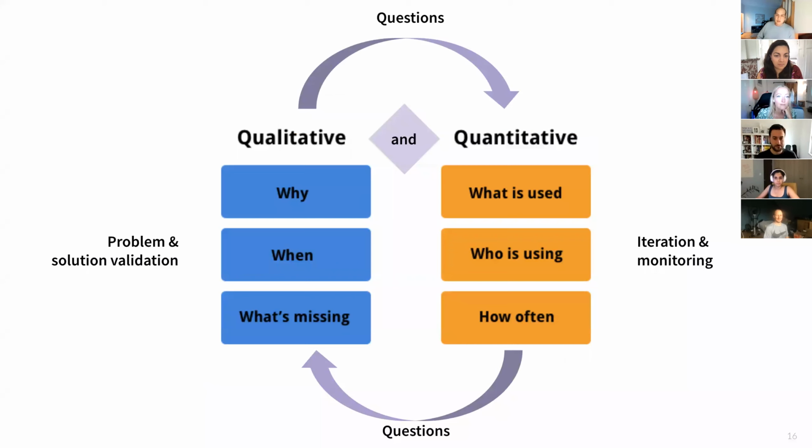So where I see my kind of thinking around data right now is that it's both qualitative and quantitative, where one feeds questions into the other and the other feeds questions into the other. And it's just an endless cycle of iteration and validation.